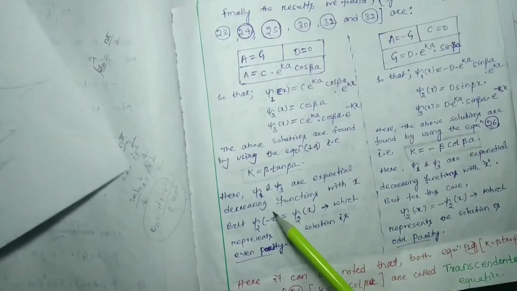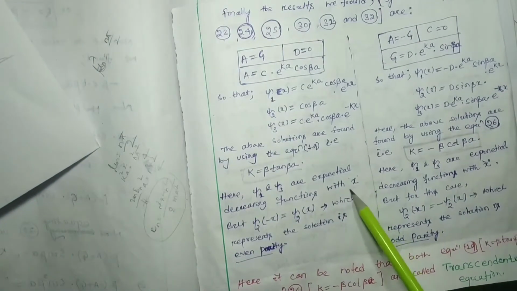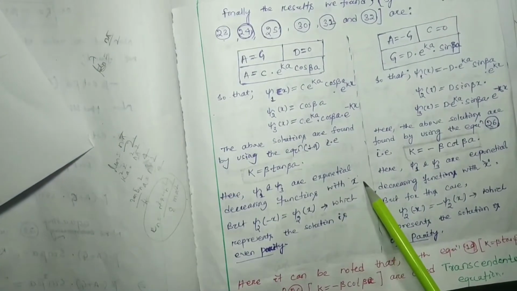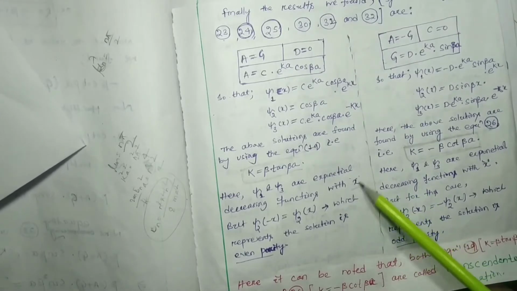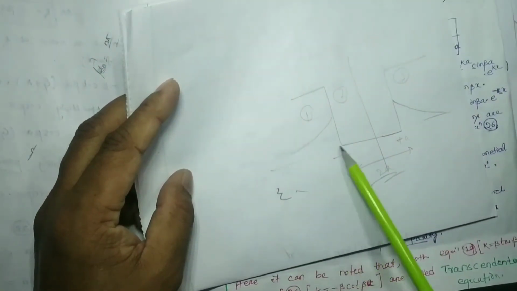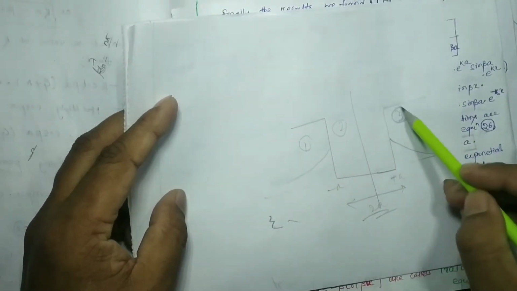Okay, so decreasing function with x means with increase of x. But here you have to consider that in region 1 x is increasing this side, meaning the negative value is increasing, while in region 3 the positive value is increasing.